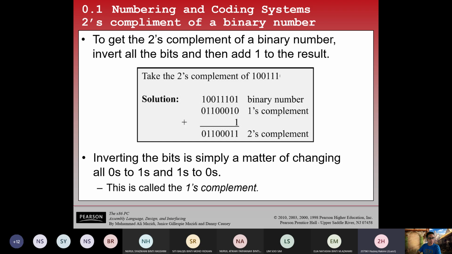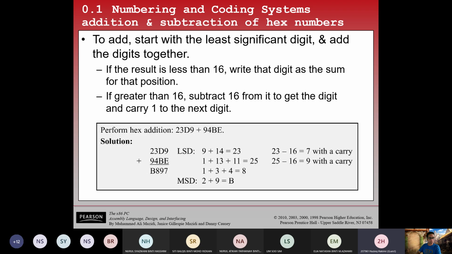So for hex, how do you perform the subtraction? For example, I have a number here. This is your hex number. What you have here is 9 and E. You need to borrow, because E is greater than 9.